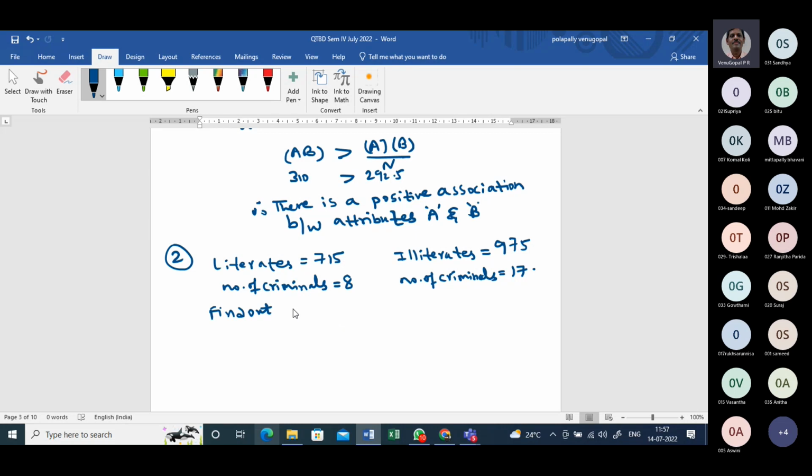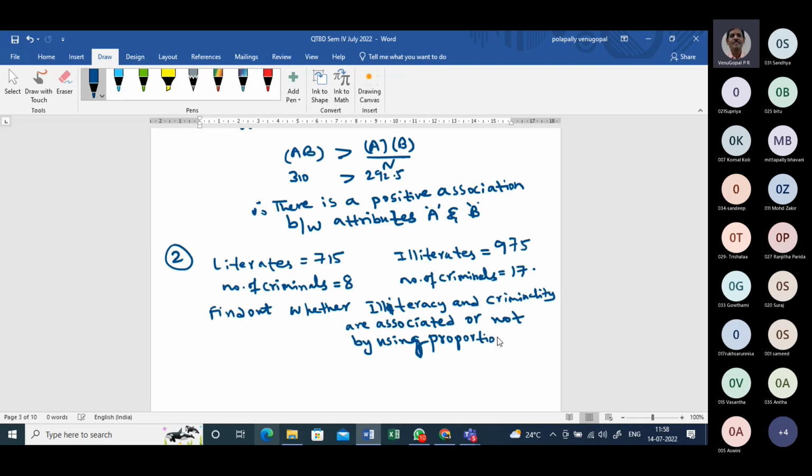Find out whether illiteracy and criminality are associated or not by using proportion method.